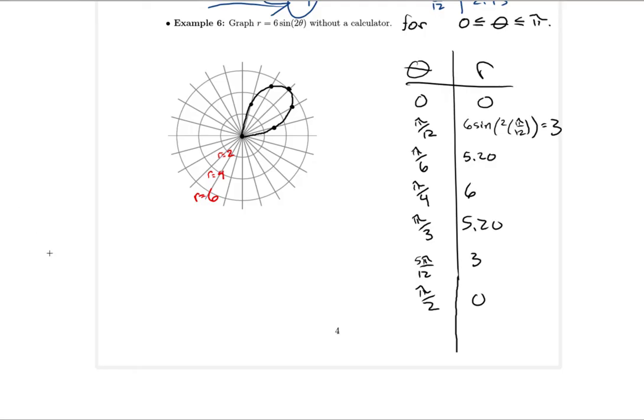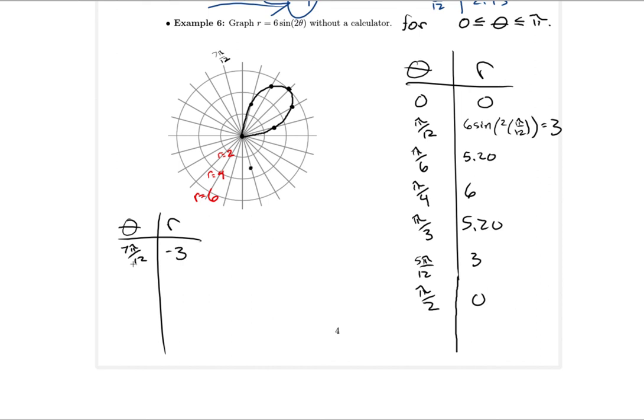Well, let's keep going. So I'm going to continue to make my table here. So what if I go 7 pi over 12? 7 pi over 12 gives me a negative 3. Okay, so here's 7 pi over 12. Instead of going 3 this direction, I'm supposed to go 3 back this direction, so it puts me right there.